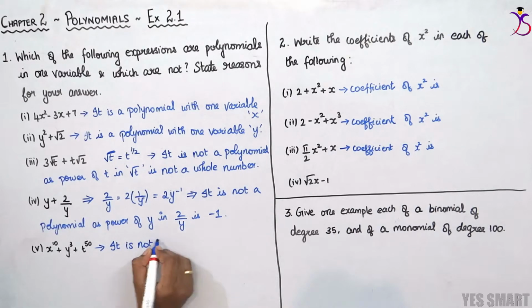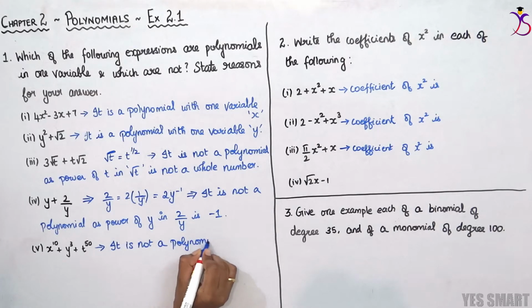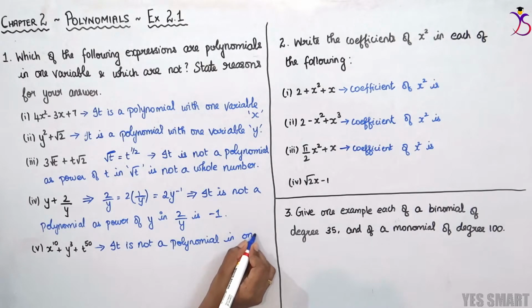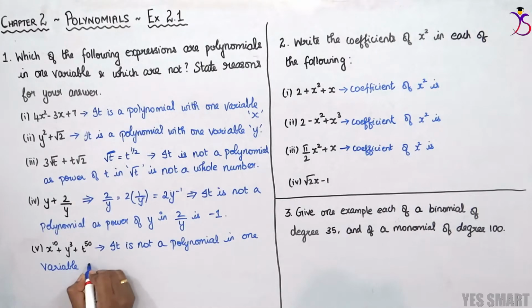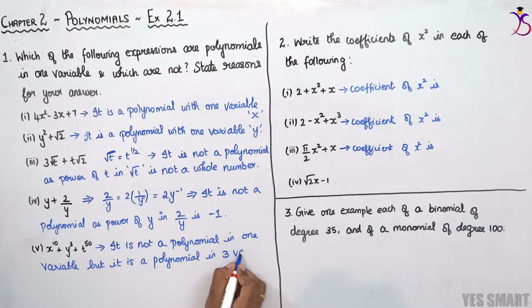It is not a polynomial in one variable because we have x, y and t, three different variables. Therefore, it is not a polynomial in one variable, but it is a polynomial in three variables.